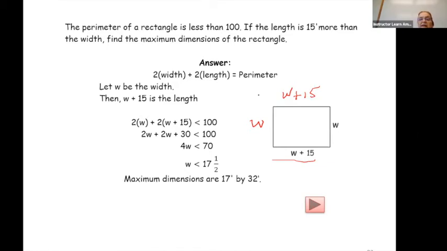So to get the perimeter expression, we have to add all of these together. In other words, 2 widths and 2 lengths, and that has to be less than 100. Adding these up, we find 2W plus 2W plus 30 is less than 100, so 4W must be less than 70. W must be less than 17 and a half.